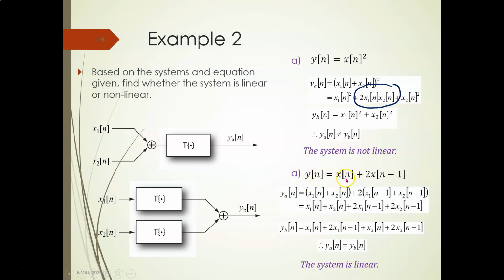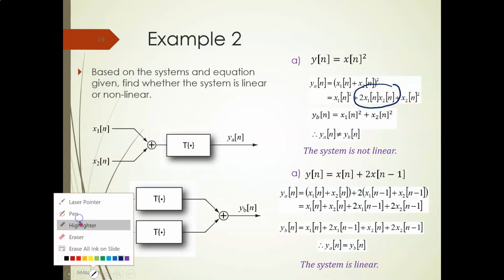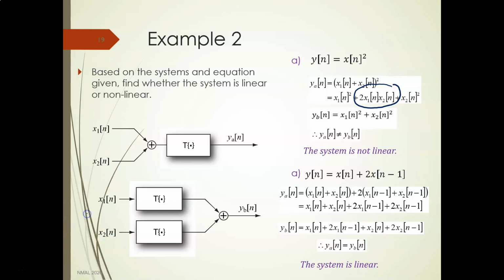yn is equal to xn plus 2xn minus 1. Similarly, we put yan as the two inputs added together, and then only we put it in the equation. So we turn this x into x1 and x2, and this x into x1 and x2.